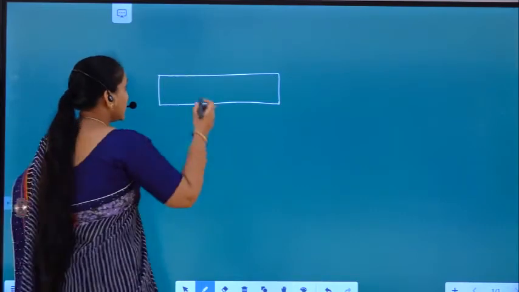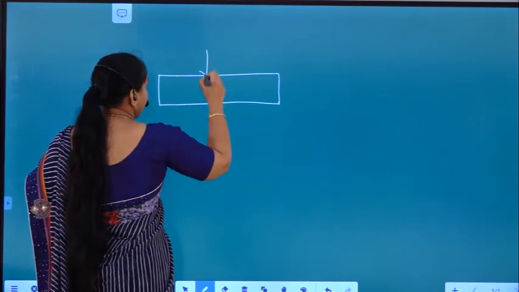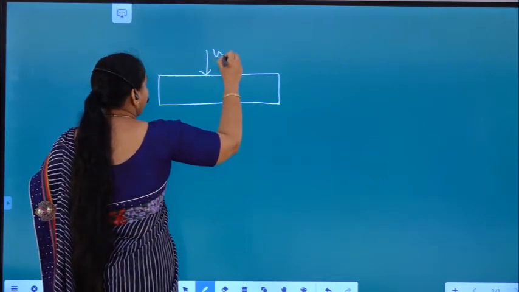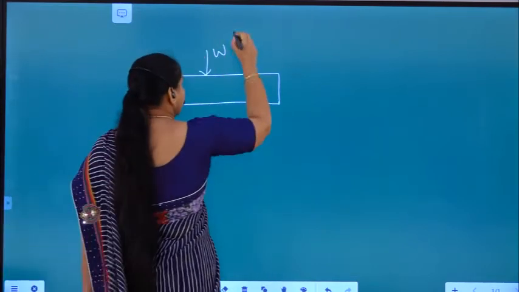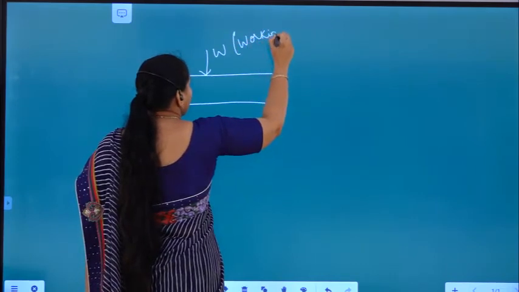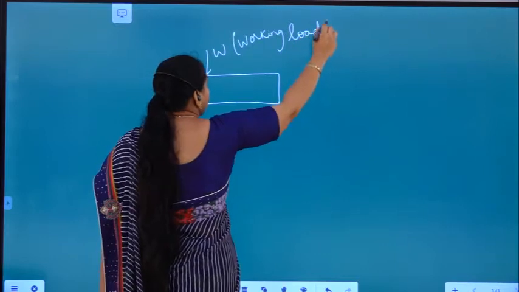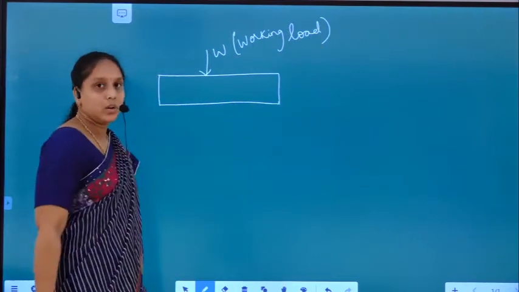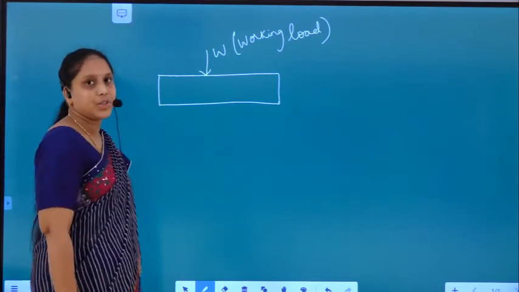Okay, if some load W acts, here W is the working load. Some load W is acting on the particular structural member.